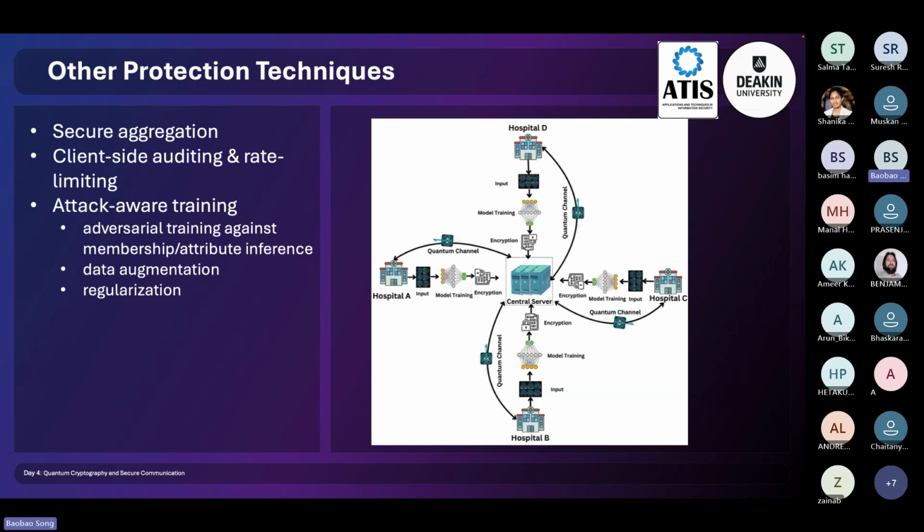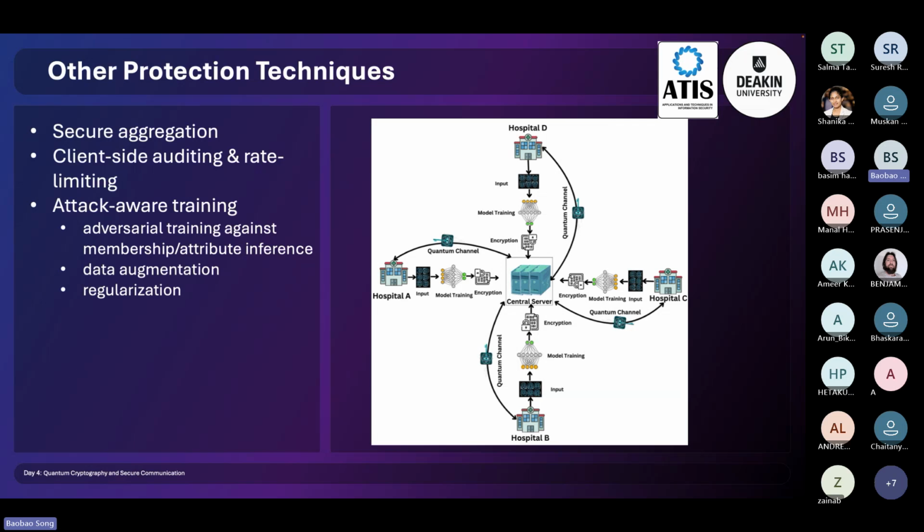So in quantum differential privacy, the balance between utility and privacy is always a problem, even for classical differential privacy. How to provide enough privacy but achieve good utility or good performance is still an open task in this field.